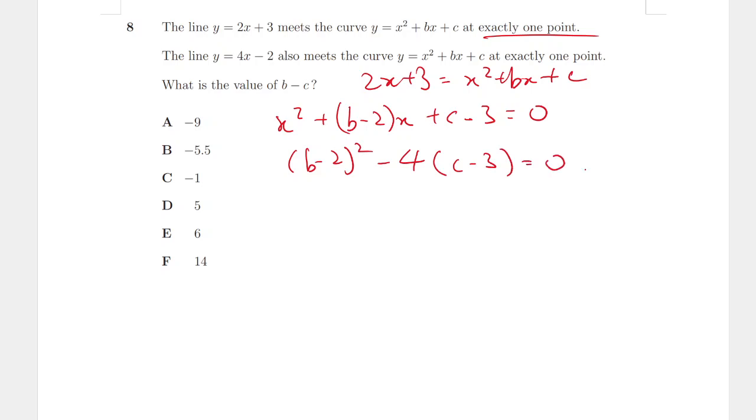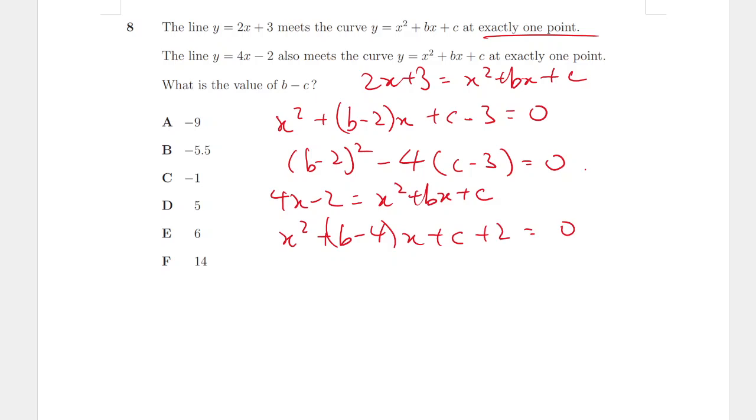Sweet. Okay, same logic for the other line, so 4x minus 2 equals x squared plus bx plus c, so x squared plus (b minus 4)x plus c plus 2 equals 0, and again the discriminant, so (b minus 4) squared minus 4ac equals 0. Good.